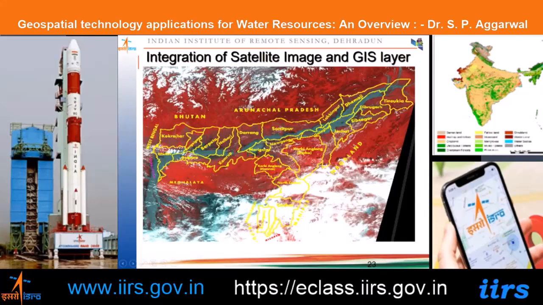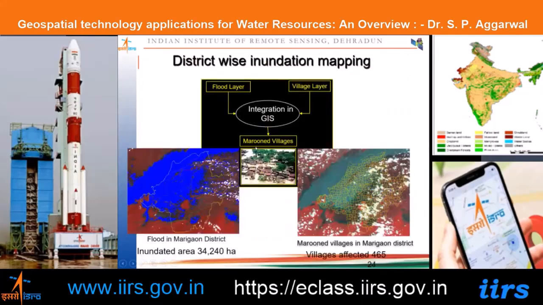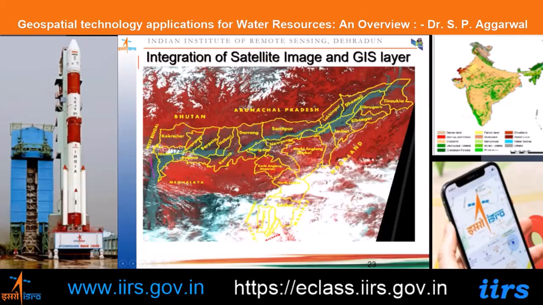If I can take out one district, it will be very clear to you. So this is the Morigaon district, and this area is flooded. If you superimpose over the village, you can see how many villages are affected in this district. If you see this image of the complete state, you cannot visualize, but I have taken out only Morigaon district.